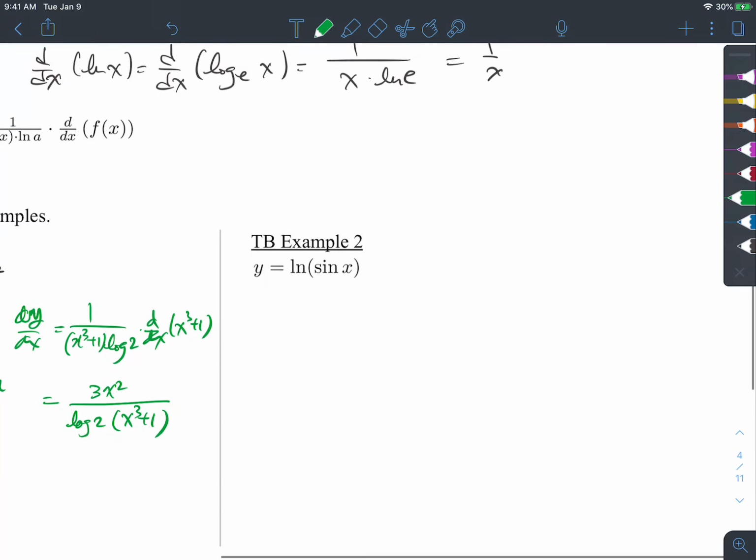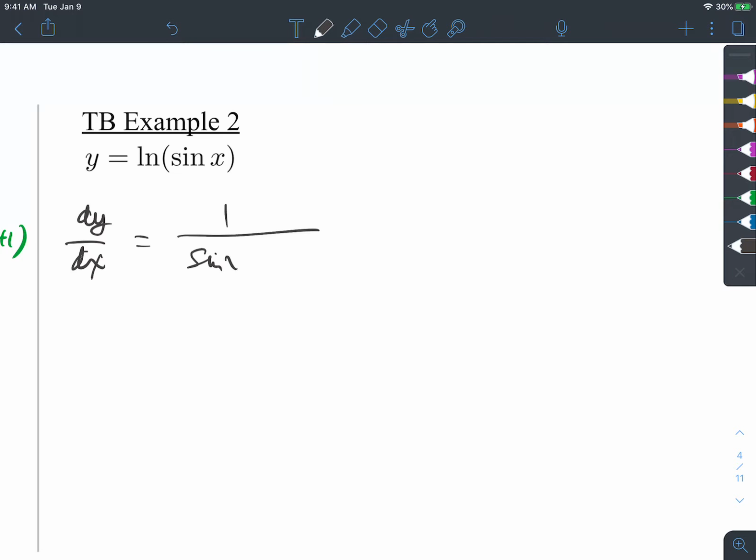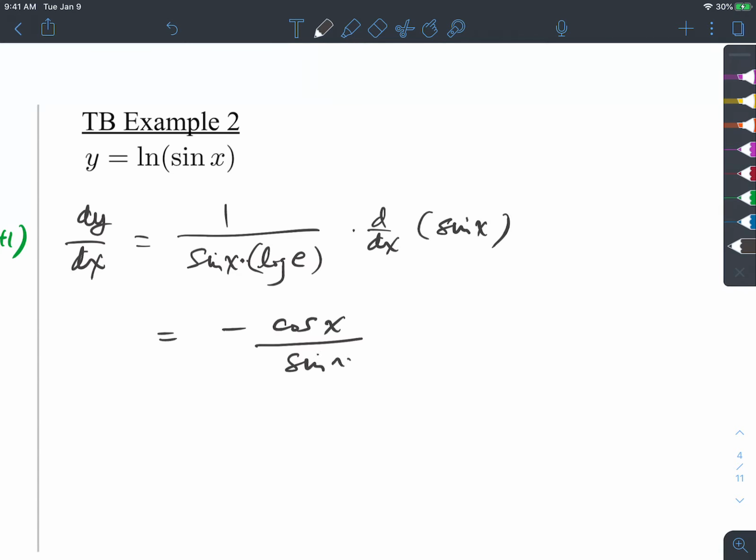Let's do the next question, shall we? The next one is dy dx, using the second approach, is 1 over sine of x times log of the base, in this case natural log, e. You don't have to write this particular step, times the d dx of sine of x. And we know the derivative of sine of x is cosine of x over sine of x right here, guys.